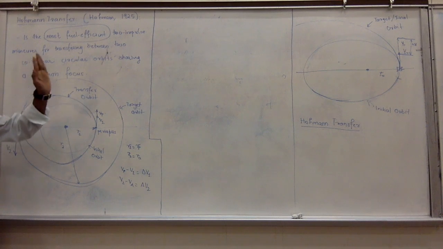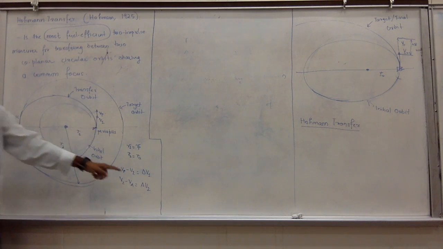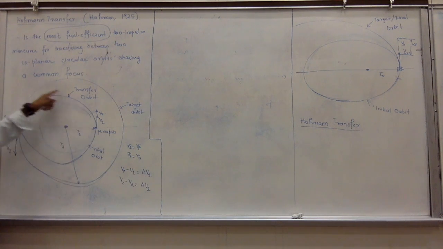You align your thrusters in the velocity direction, and fire them. That is the first impulse. The velocity needed is delta V1. Got it? You're going to go into the transfer orbit.